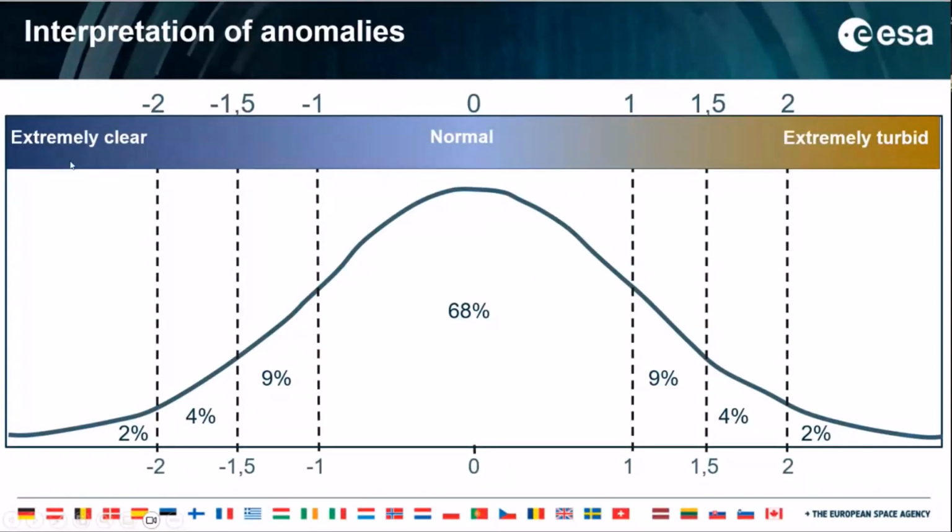So if you have extremely clear water, you sit 2 standard deviations below the mean. But if you have extremely turbid data, you would be 2 standard deviations above the mean. And this makes standardized anomalies a very suitable index to reflect the fluctuation of the water quality status.